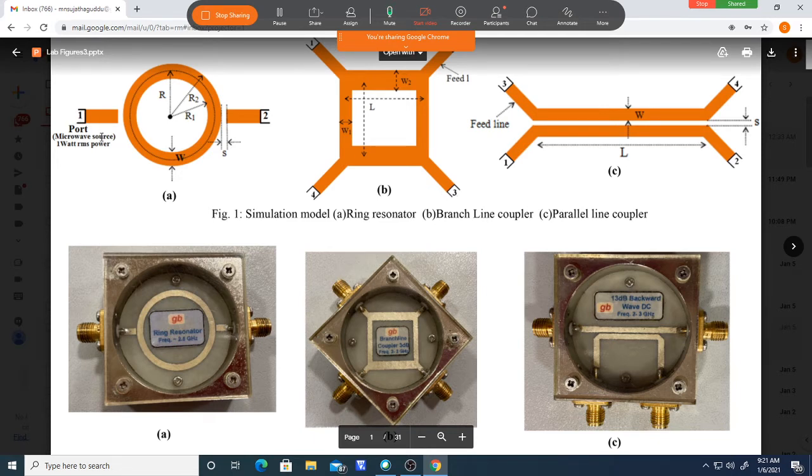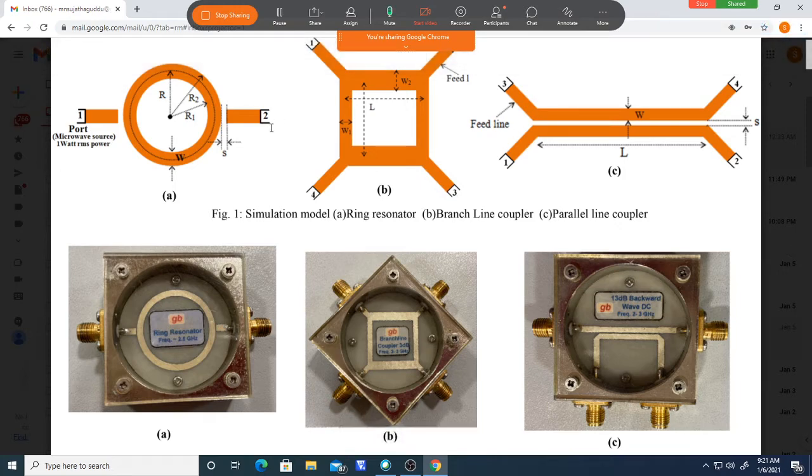We specify the starting frequency of 2 gigahertz, the ending frequency of 3 gigahertz, and the step size of 0.01 gigahertz. At each frequency we observe the response.